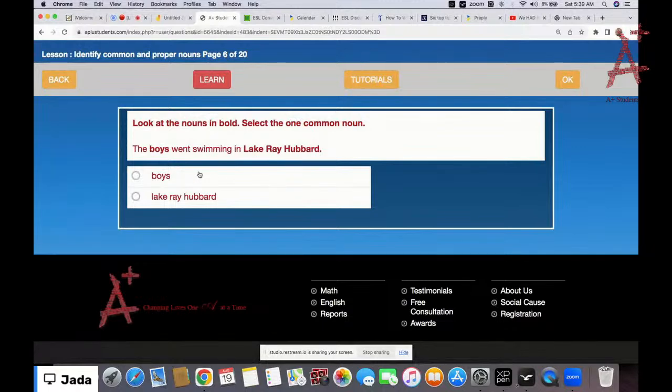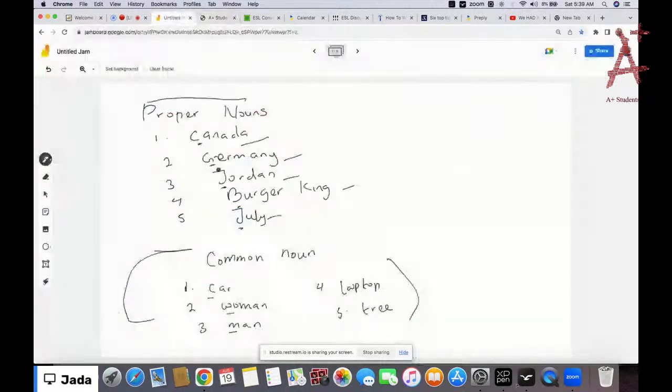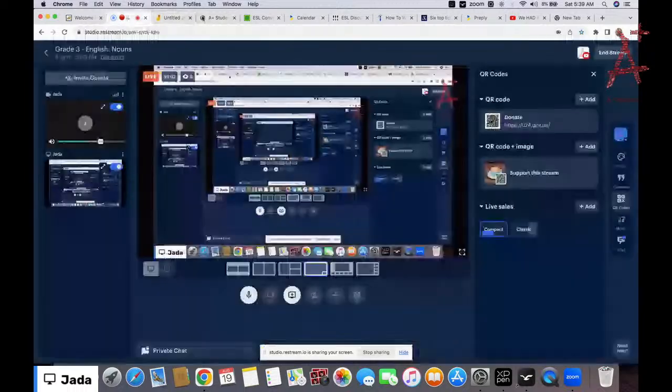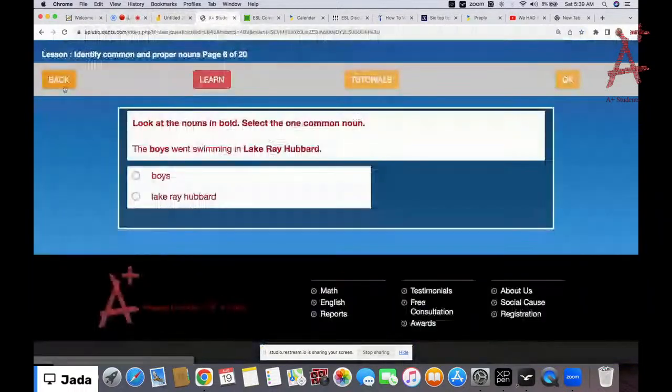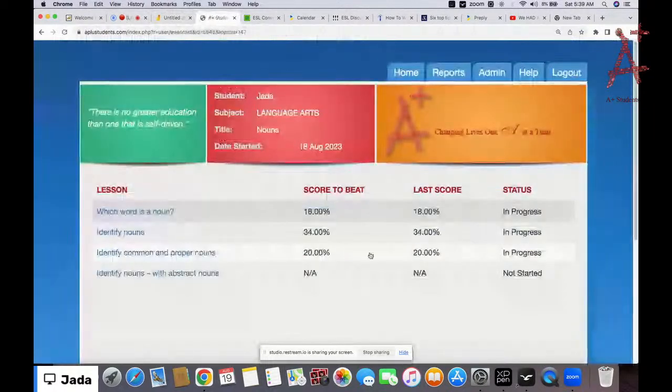So just look at it here. This is proper noun, big letters; common noun, small letters. All right. So we'll move on to the last lesson. As usual, make sure you finish your test so that you get 100 and then it shows completed.